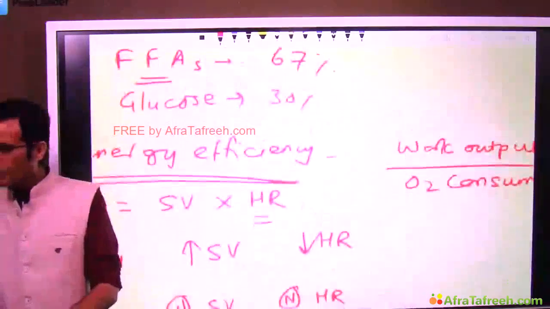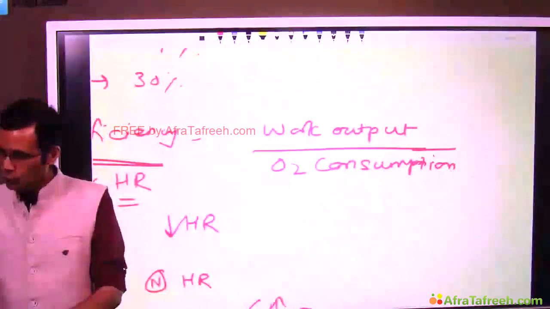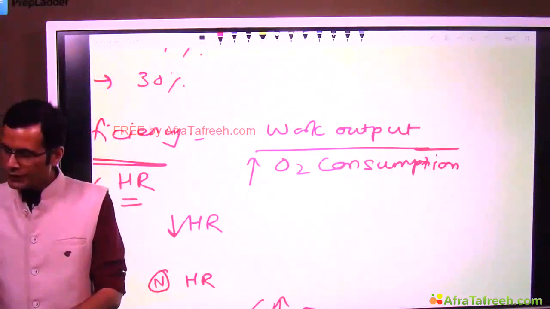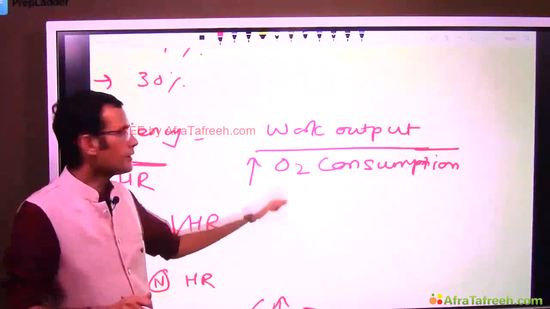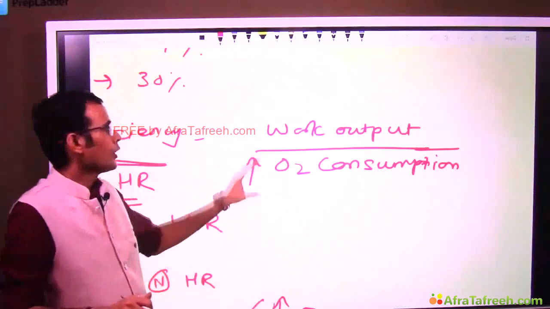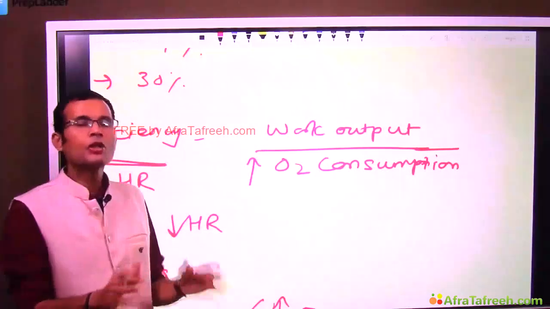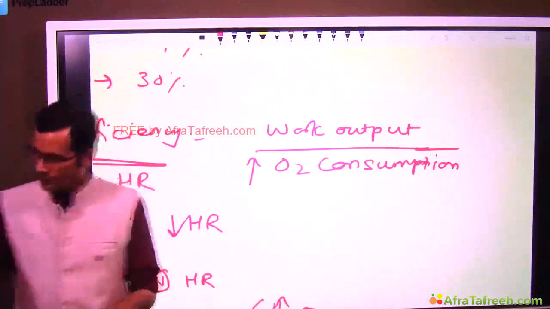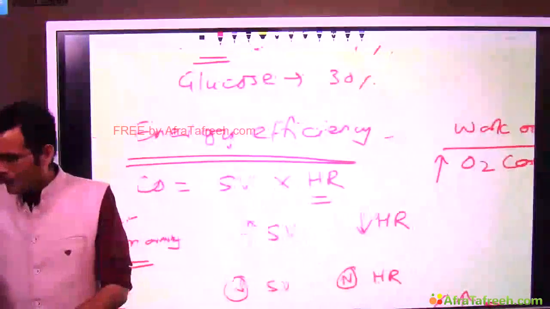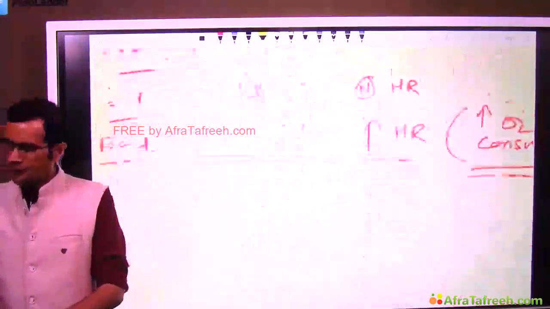And we are talking about the economy of the myocardium. So, if there is an increased oxygen consumption, that's in the denominator, what will be the end result? Economy of the myocardium will suffer. So, that's not a good economy.